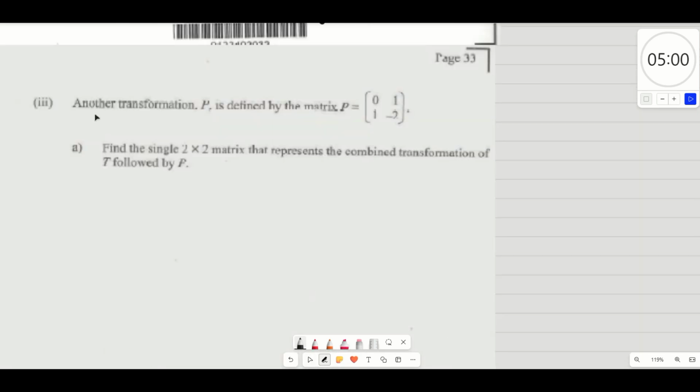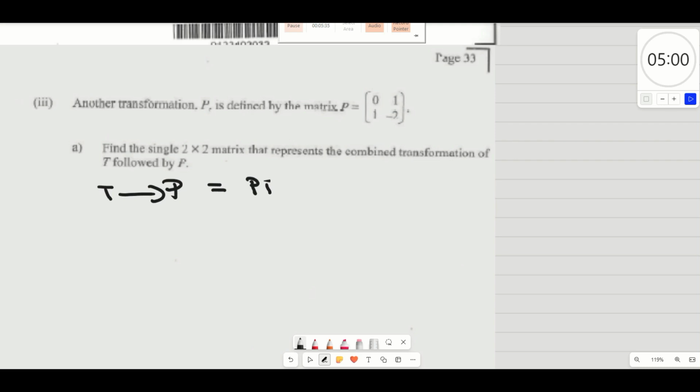The question says another transformation P is defined by the matrix P is equal to 0, 1, 1, minus 2. Find the single 2 by 2 matrix that represents a combination of T followed by P. So we want T followed by P. If it is T followed by P, to get that matrix, it will be P multiplied by T. That's what you need to remember.